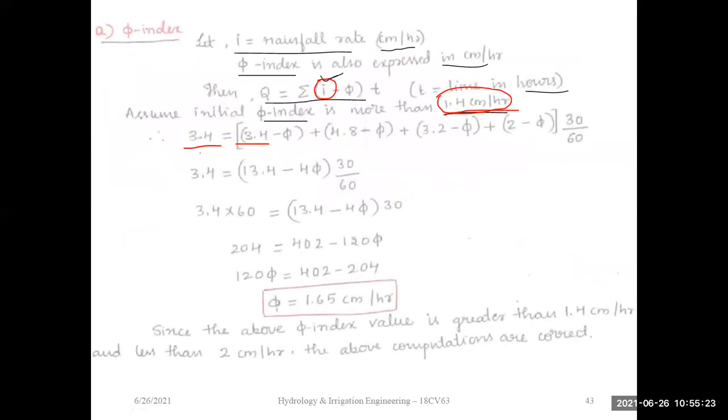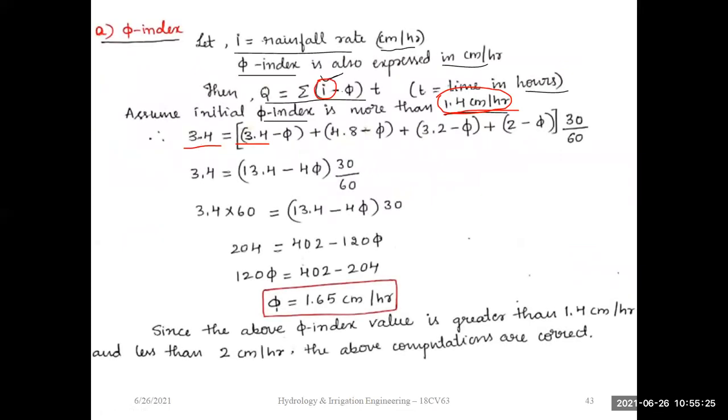So when you apply the other data, you get runoff 3.4 is equal to (3.4 minus phi) plus (4.8 minus phi) plus (3.2 minus phi) plus (2 minus phi). We are left with the first reading and the last reading, which are equal to 1.4 and less than 1.4, but you have to consider only the values greater than 1.4.